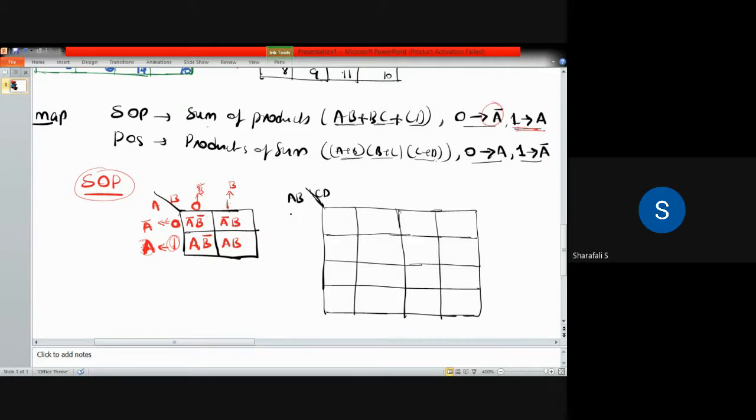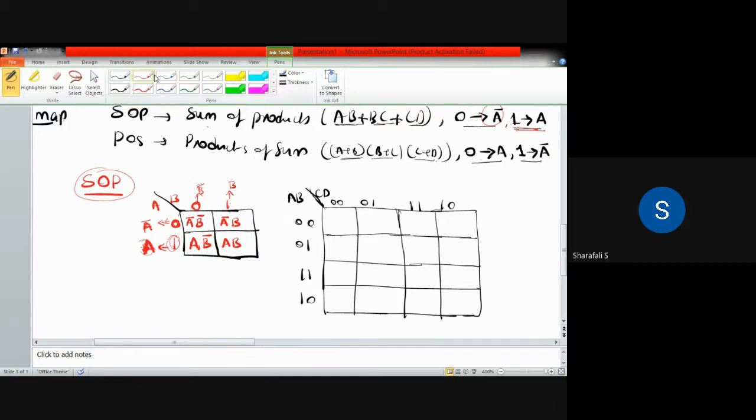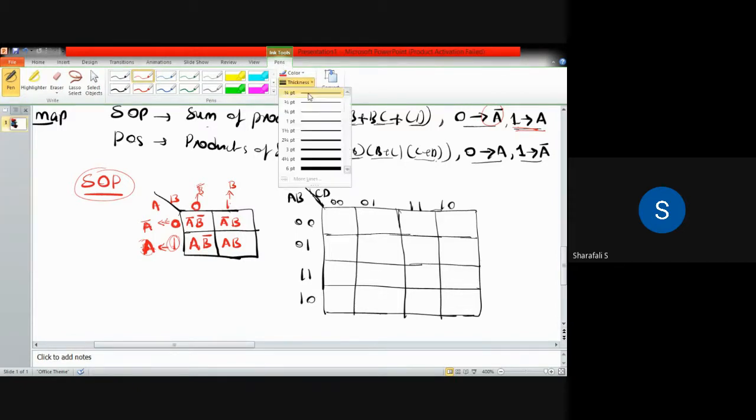As you know, the values are 0 0, 0 1, 1 1, 1 0, and similarly for CD. What will be the addresses if you are using SOP? Then this is nothing but A 0, B 0, so A bar B bar. C 0, D 0, C bar D bar.